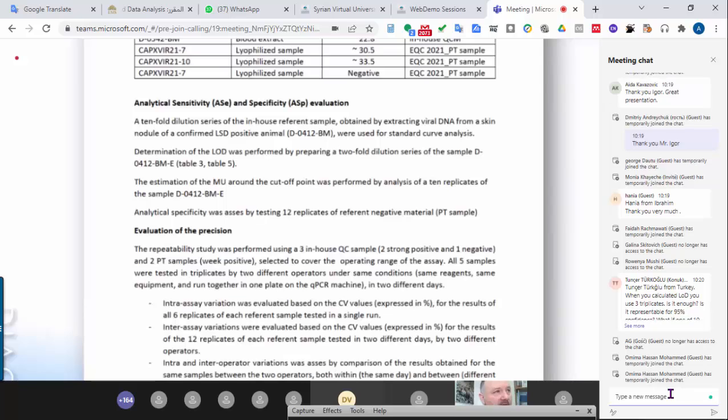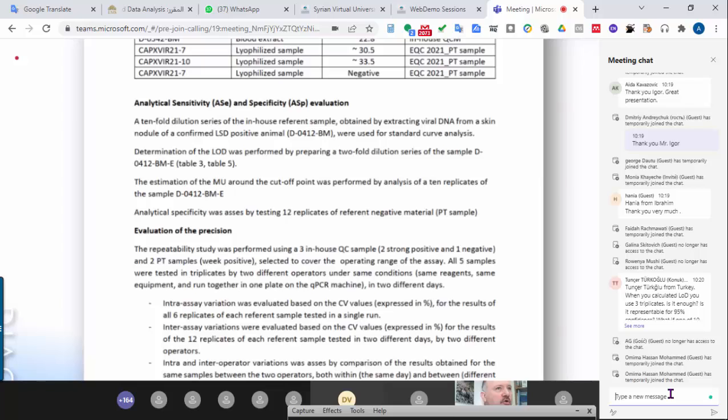So you must have some reference material that is very well quantified or certified, and it is desirable to have a strong positive one.